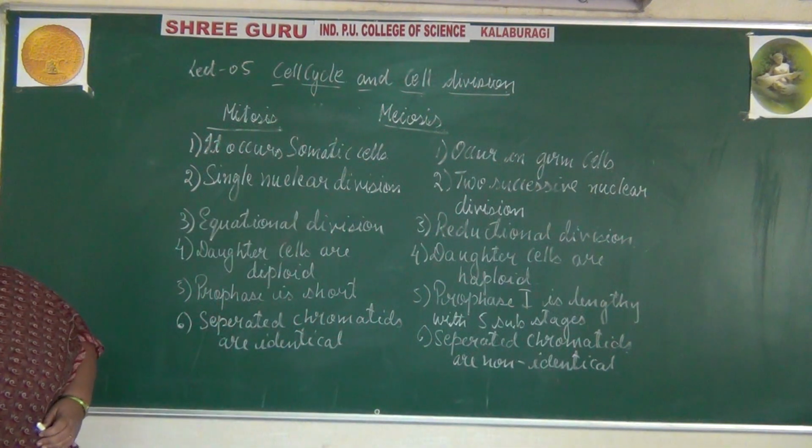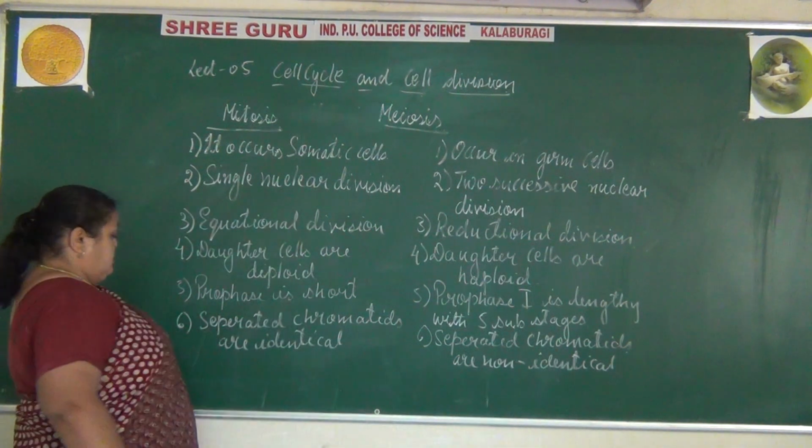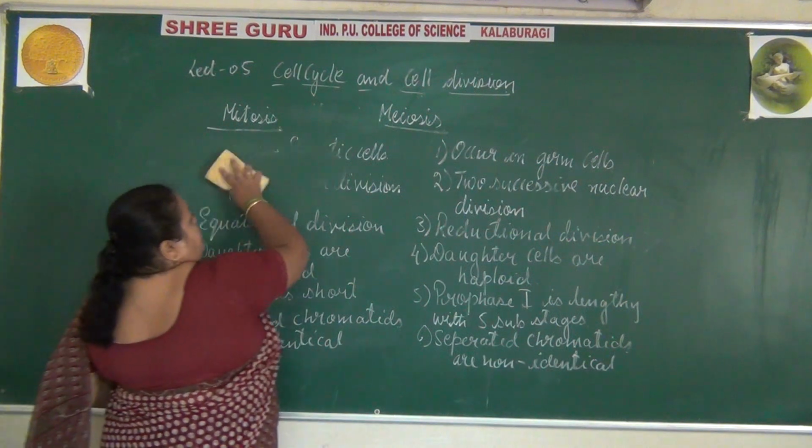So in meiosis, again we have got these 6 points with the remaining points.